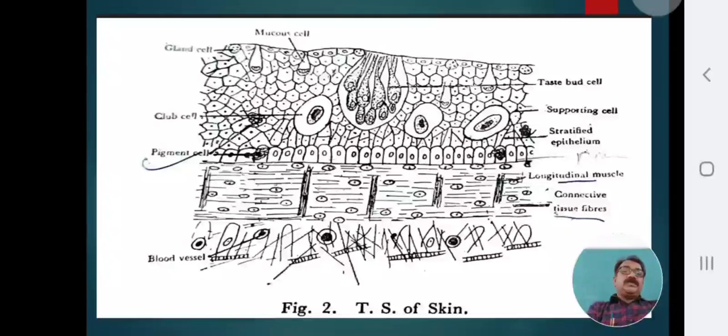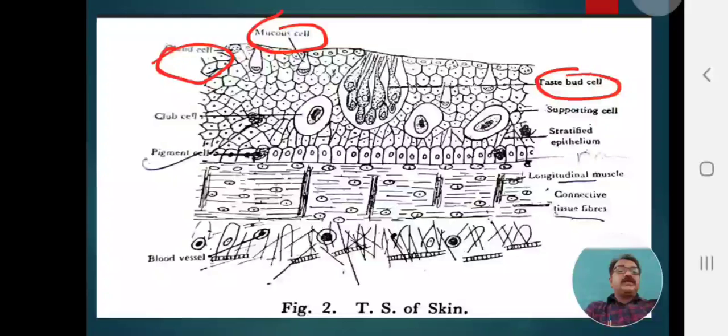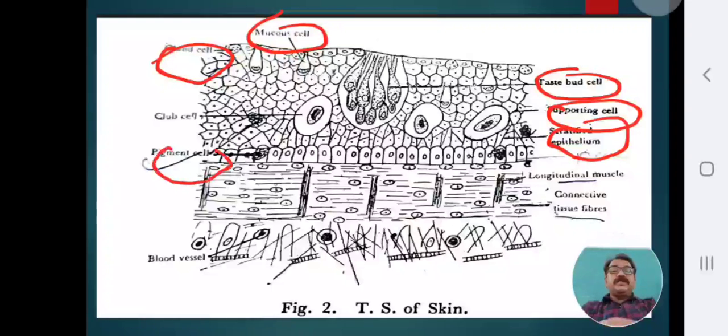When we see this transverse section, or TS, of the skin of Wallago, we can observe the number of cells present. It is made up of epidermis and dermis. This is the mucous cell, this is the gland cell, these are the taste bud cells, the supporting cells, the stratified epithelium cells, the pigment cells, the club cells, and the basement layers.